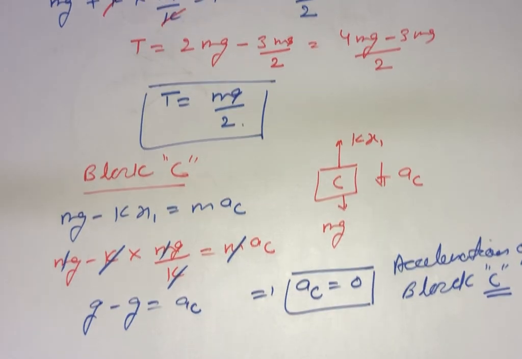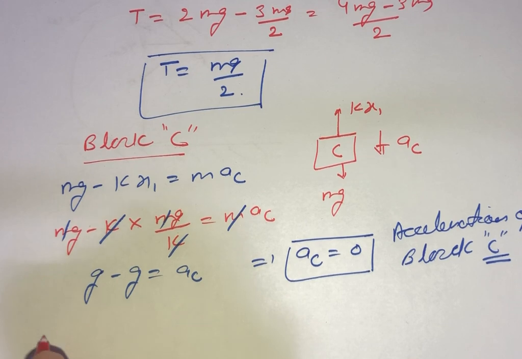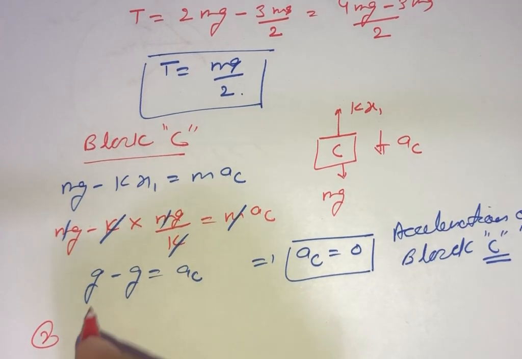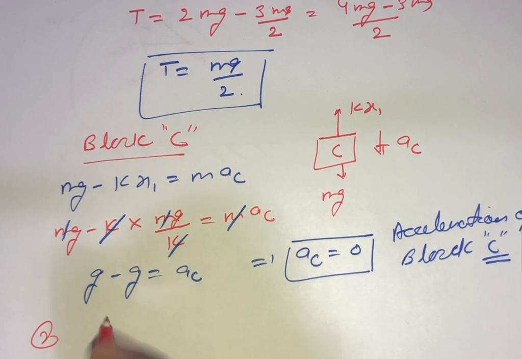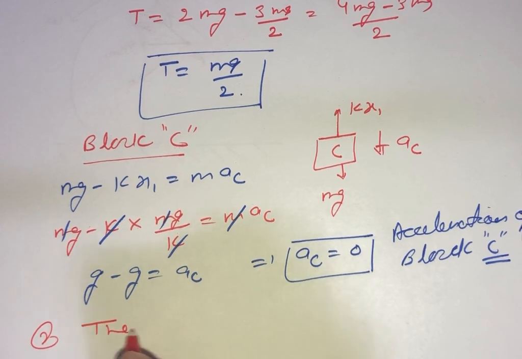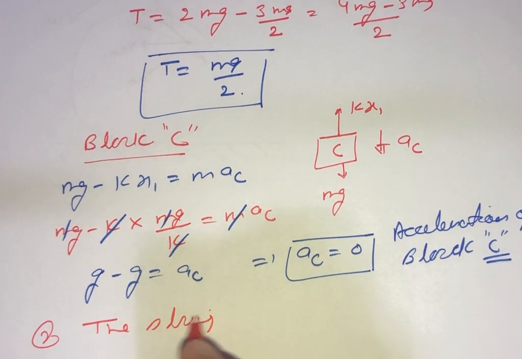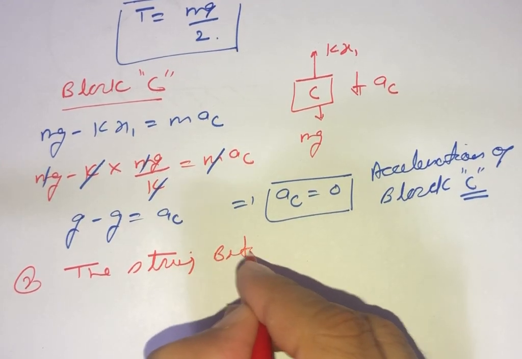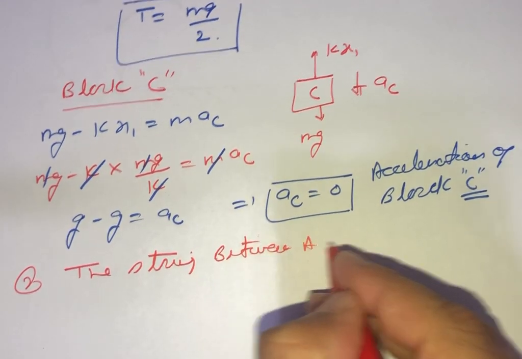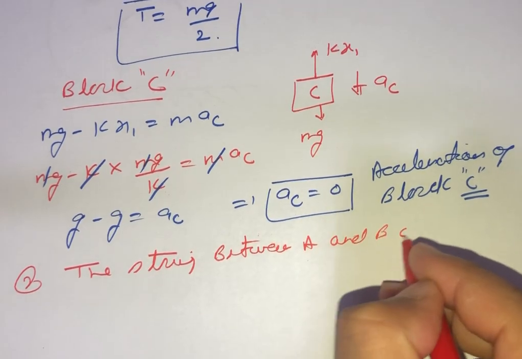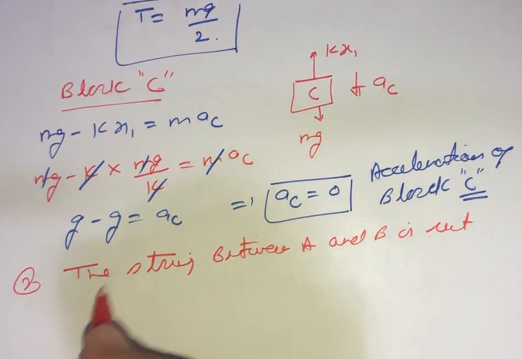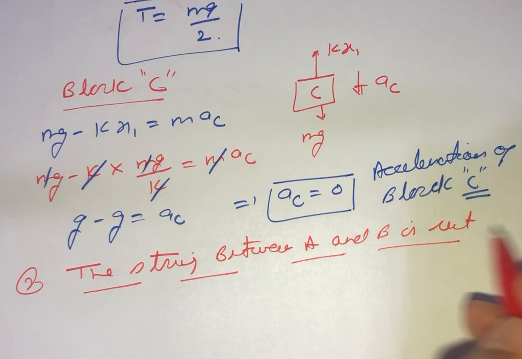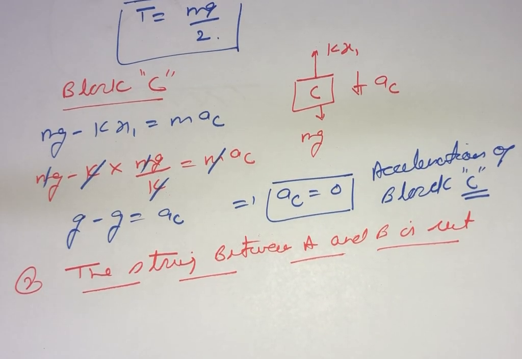Now in the second part it is given the string between A and B is cut. So from here we can clearly see that the string between A and B is cut.